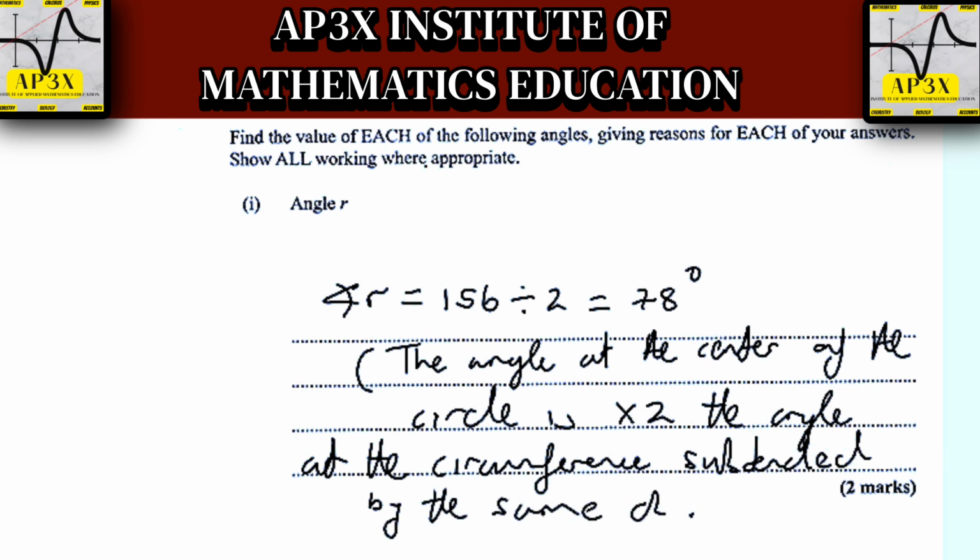This is a bit elongated and hard to remember for most students, so a simple way to write this is just to say the central angle theorem. I think CSEC would accept that as a geometric reason.